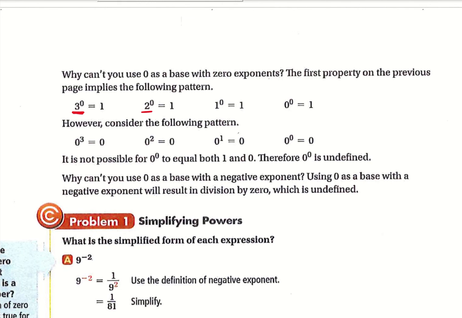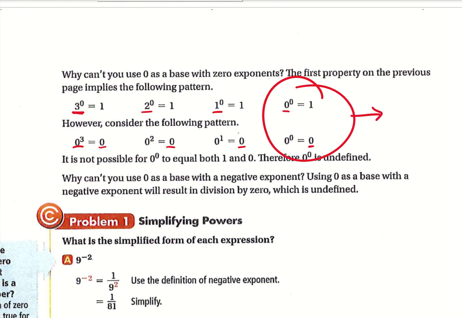If we do that, we get 1 all the way through, because anything to the power of 0 is 1. But if we look at zeros and decrease the exponent instead of the base, we've got 0, 0, 0, and 0.